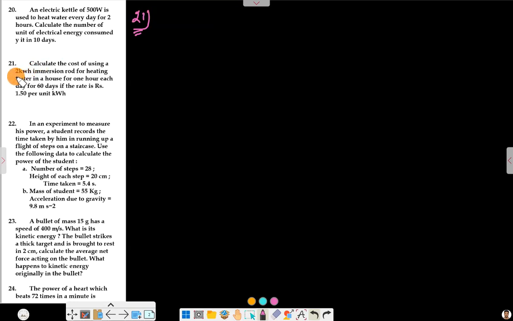Here it is specifically mentioned 2 kilowatt hour. In some questions it will be mentioned, in some questions it will not be mentioned. So power is 2 kilowatt hour. It means in 1 hour it uses 2 kilowatt of energy.